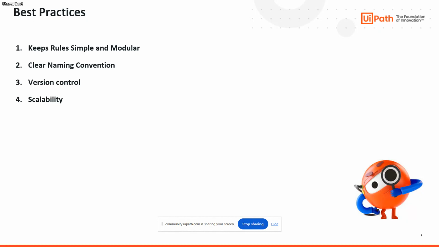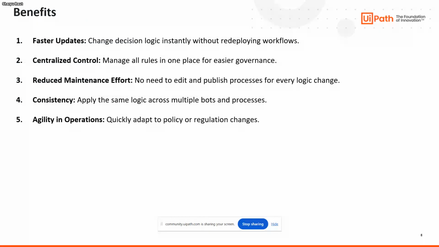Talking about the benefits, faster updates, obviously, as changes in logic are accepted. From time to time the business comes back to the developers when the business rule changes. So it is easy to update in the DMN file and have it updated in the business rule.